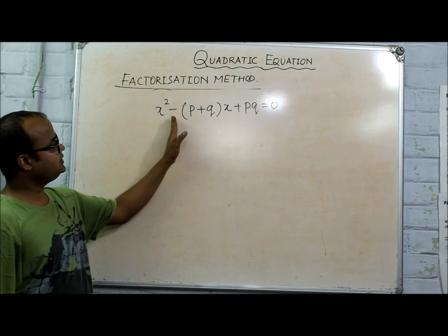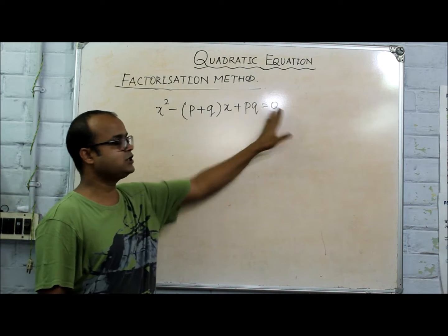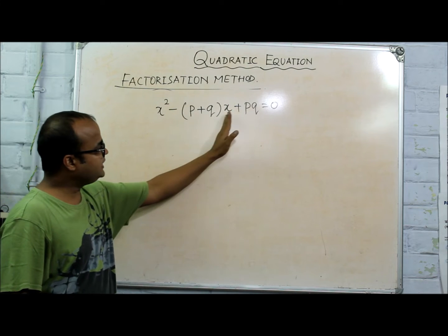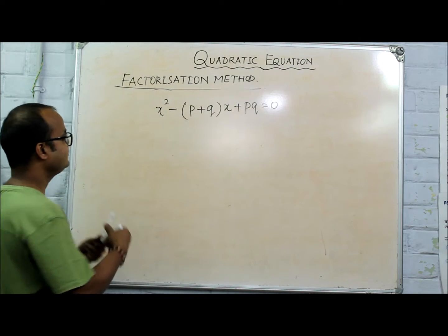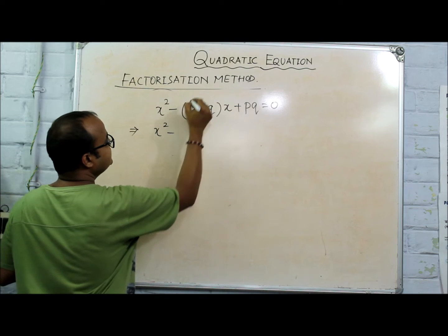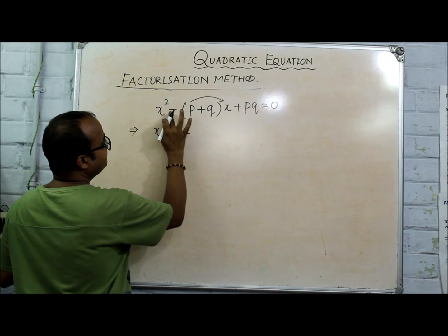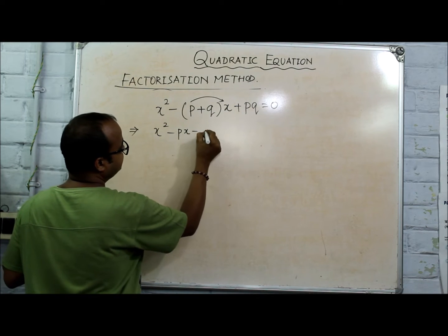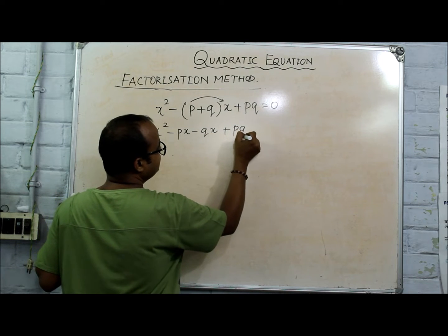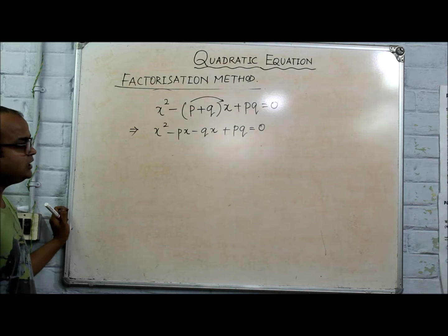X square minus p plus q into x plus pq is equal to 0. First, we open up this bracket. X square minus p into x minus q into x plus pq is equal to 0. Clear?